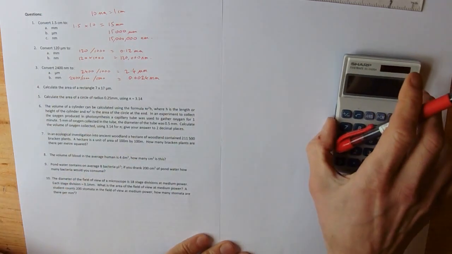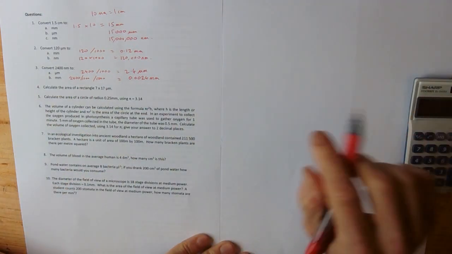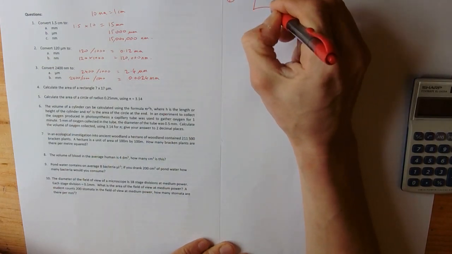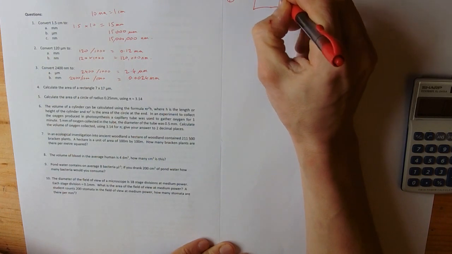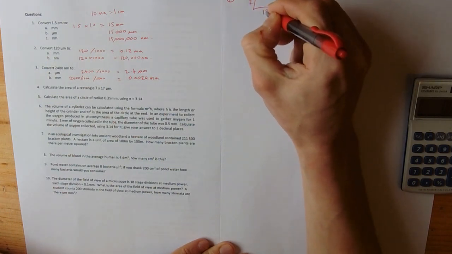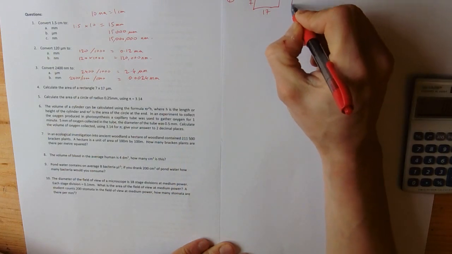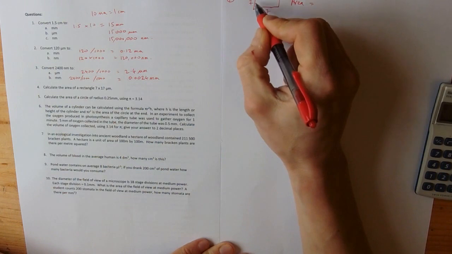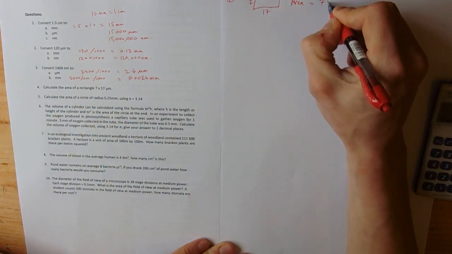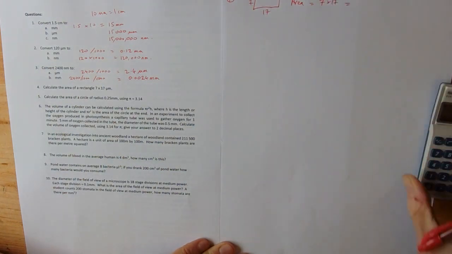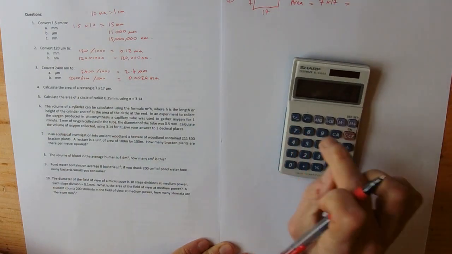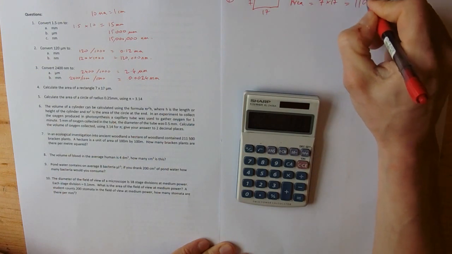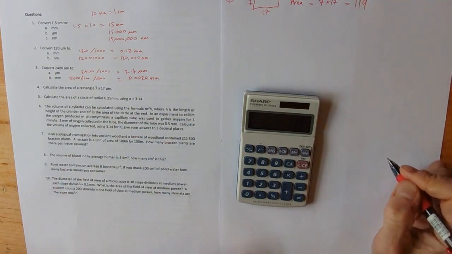Calculate the area of a rectangle. Let's move over here now, shall we? Calculate the area of a rectangle, 7 by 17. Area equals length by the width, so 7 times by 17, which is 119.